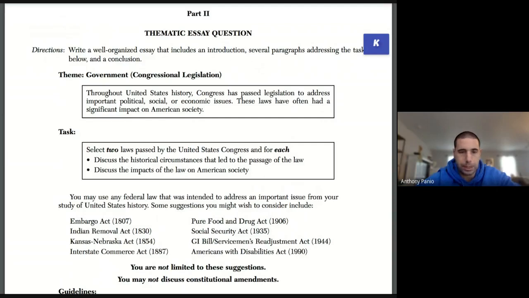What else do you put besides the thesis statement? Even before the thesis statement, the first thing you do, how do you write the introduction?